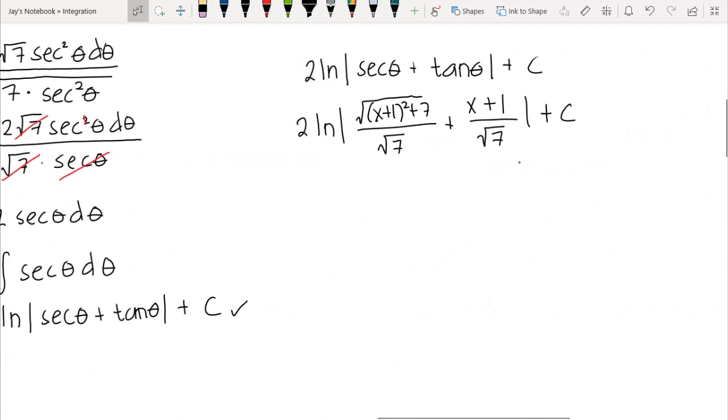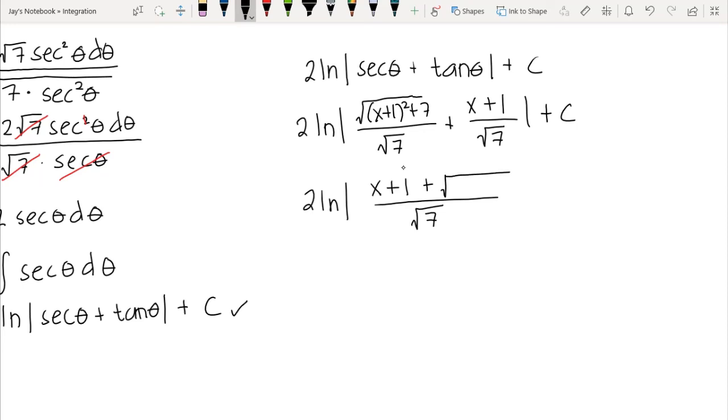So remember that you can actually combine these two, since we have the same square root of 7 as their denominator. So we have 2, the natural logarithm of, we can combine them since we have common denominator, square root of 7. That will give us, we write the first one, x plus 1 plus square root of x plus 1 squared plus 7 plus c.